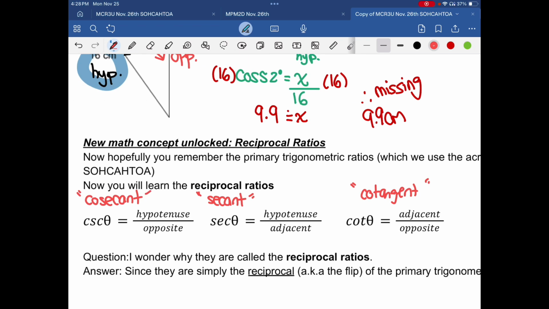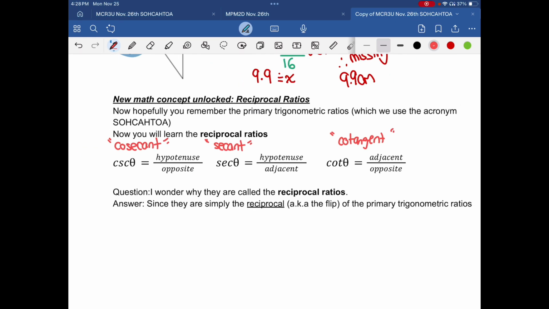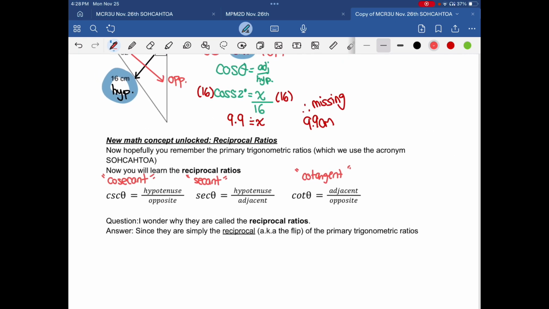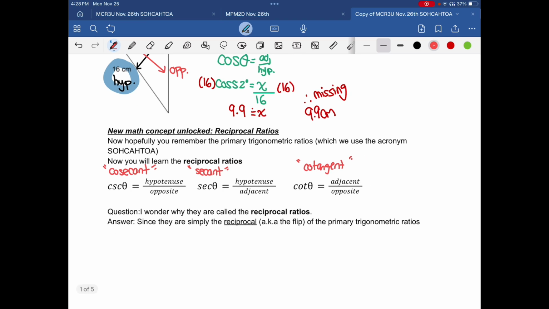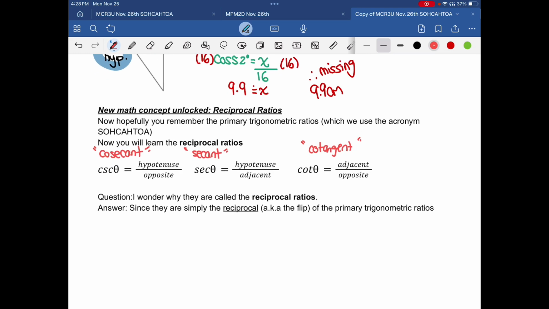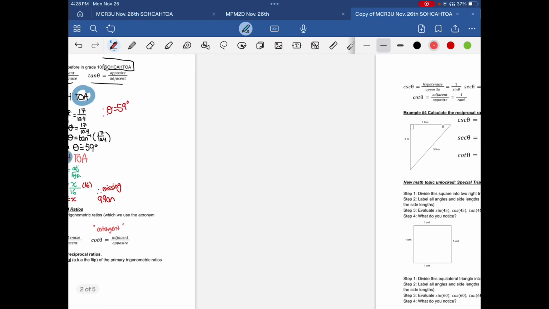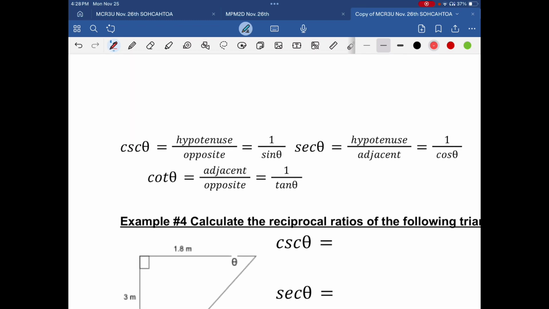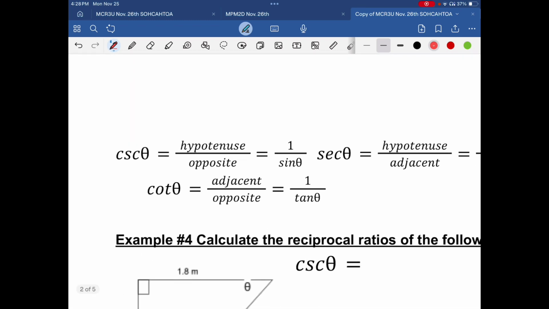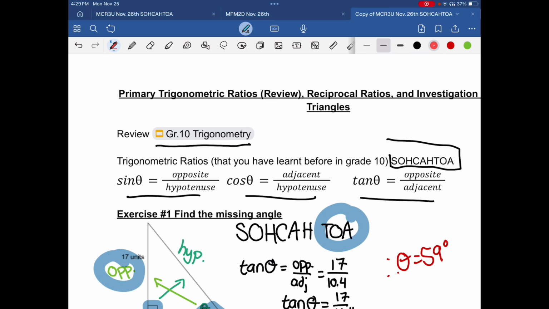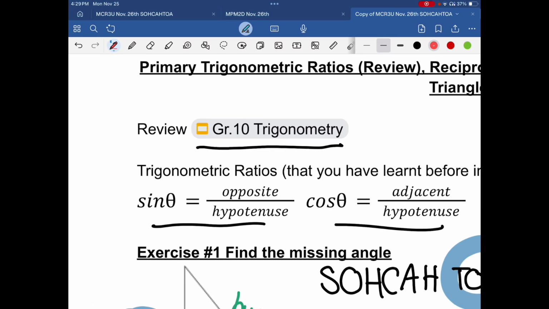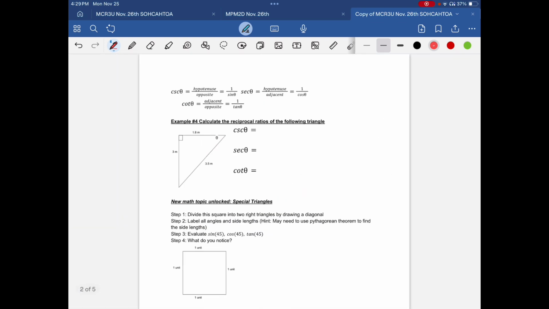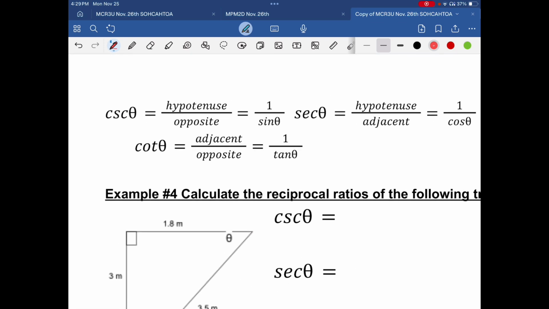Now, one question you may be asking yourselves, I wonder why they're called the reciprocal ratios. My answer to this is they are simply the reciprocal, which we know that fancy math word means a flip. They are simply the reciprocal of the primary trig ratios. So, for instance, cosecant, which is hypotenuse over opposite, we know is literally just the reciprocal of sine, which, as we had just talked about, is opposite over hypotenuse, and cosecant is hypotenuse over opposite.